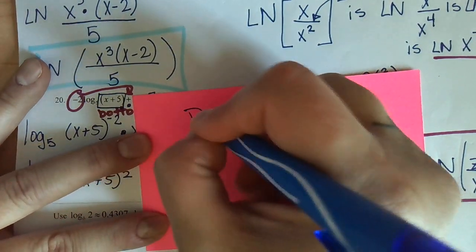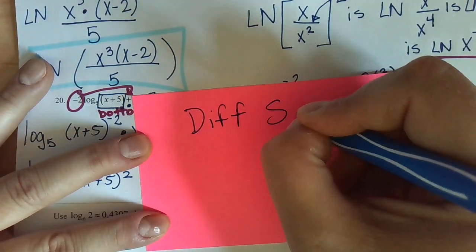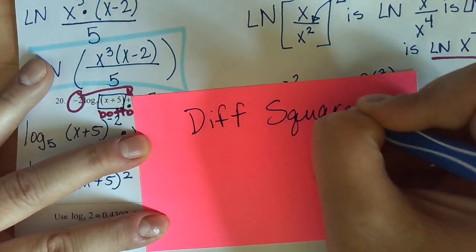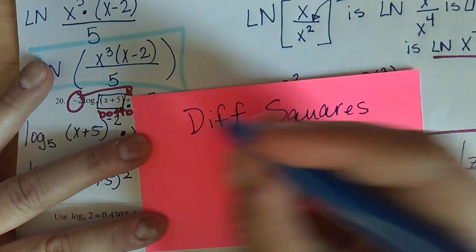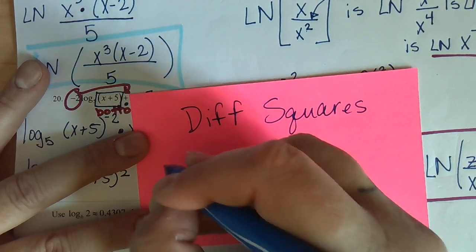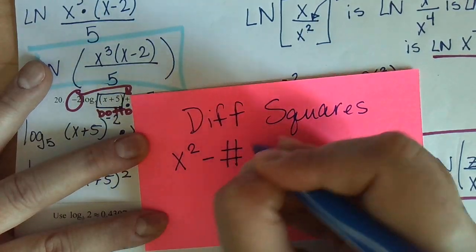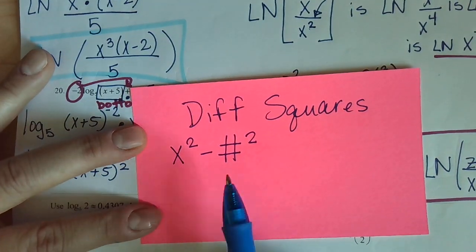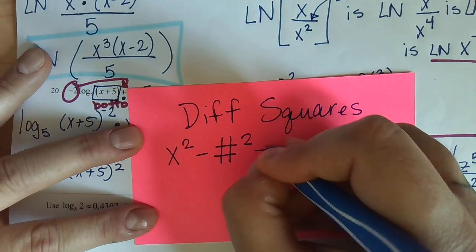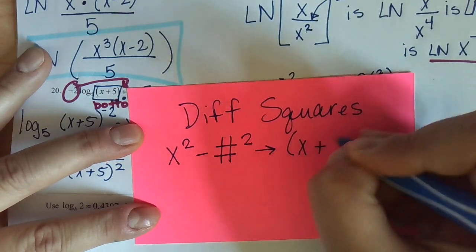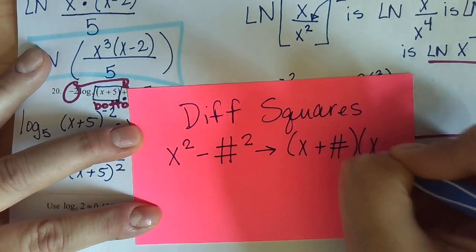And if you forgot how to factor a difference of squares, if you can make it look like x squared minus a number squared, it factors to x plus that number, x minus that number.